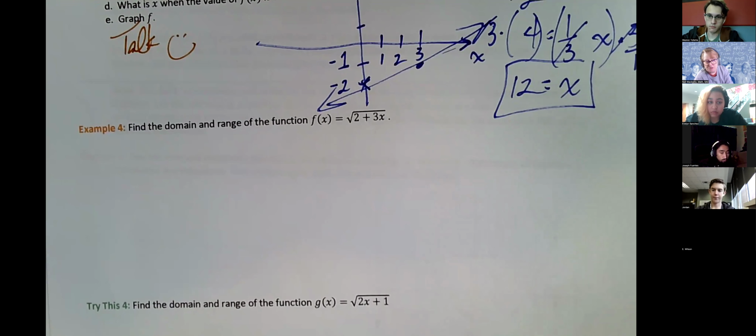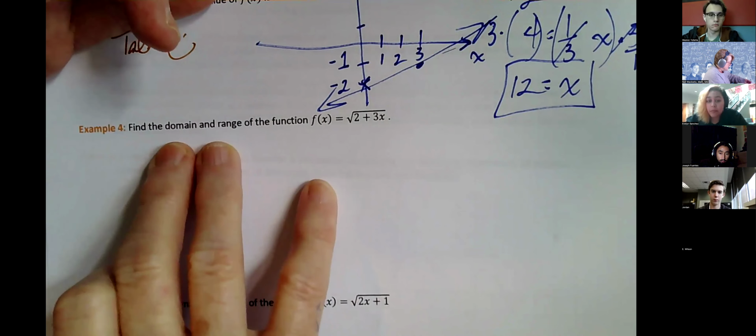What kind of numbers don't have a real square root? Negative numbers. That's right. What about 0? Does 0 have a square root? What times itself is 0? 0. So 0 does have a square root, but any negative number doesn't.